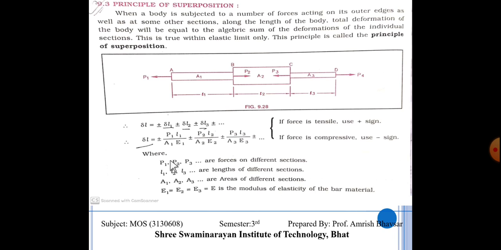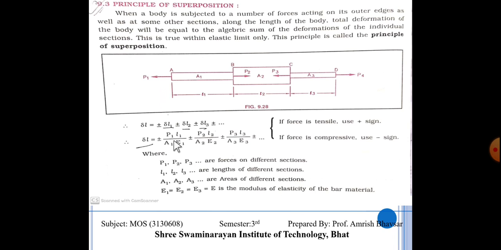So, the total delta L is equal to delta L1 plus delta L2 plus delta L3 for tension. Whenever all are in compression, then it is minus delta L1, minus delta L2 and minus delta L3.